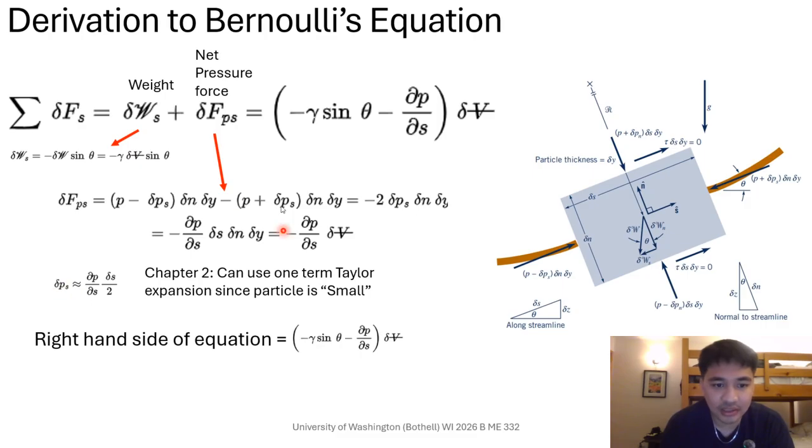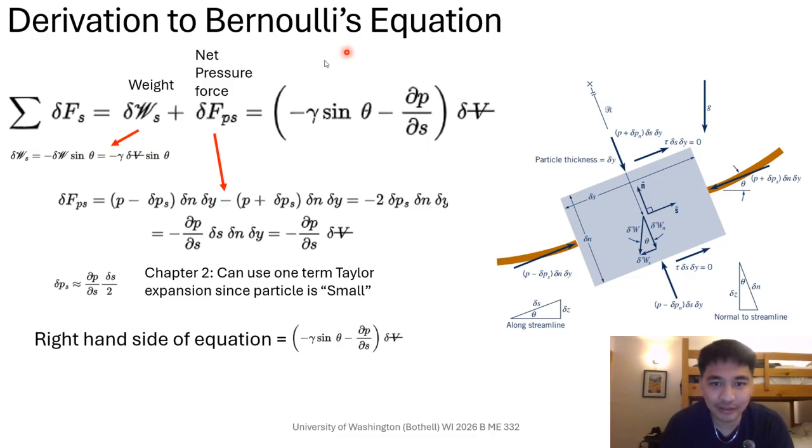Okay, so you sub that in, continue to solve. You're going to get this partial derivative of P with respect to S, delta N, delta Y, which I showed you earlier is delta V, your change of volume. So now you basically put this term right up to here, which is why I had this red arrow. And then you have this term right into here.